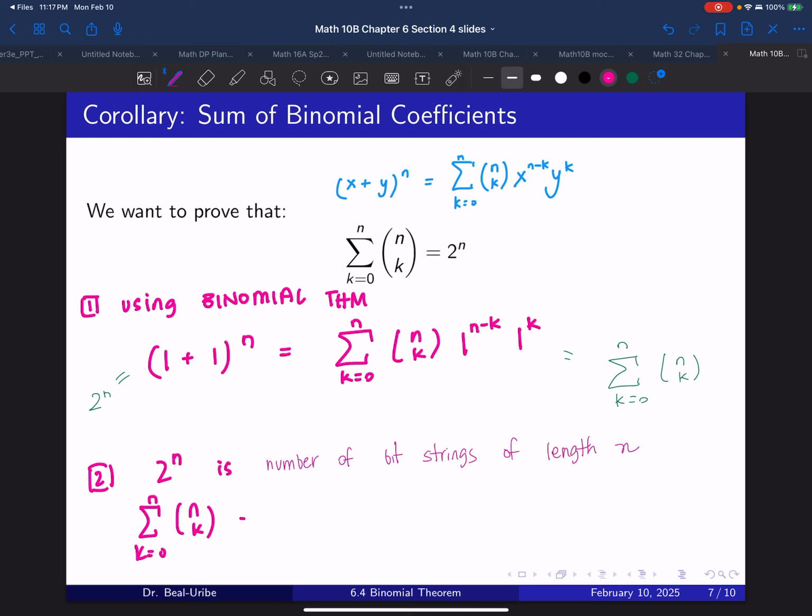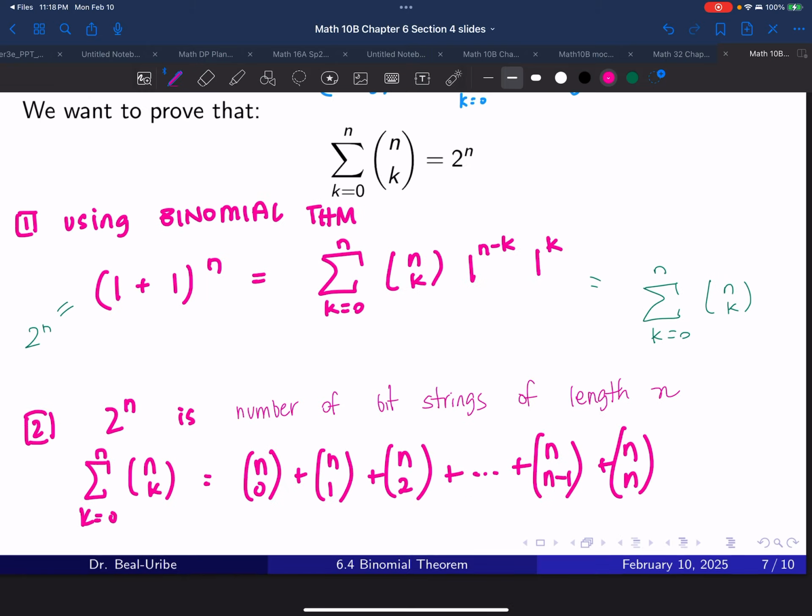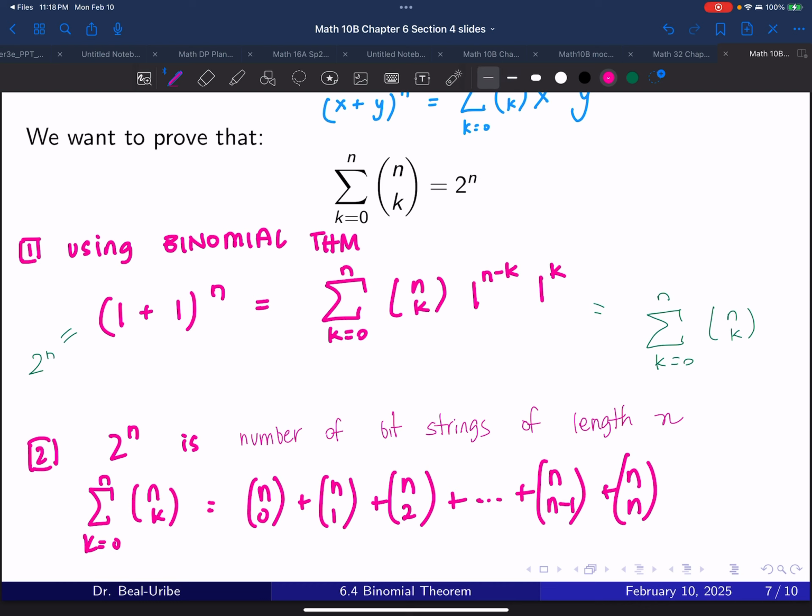Notice this is n choose 0 plus n choose 1 plus n choose 2 plus and so on, all the way up to n choose n minus 1 plus n choose n. Each of these combinations represents the number of bit strings of length n with exactly 0 ones.